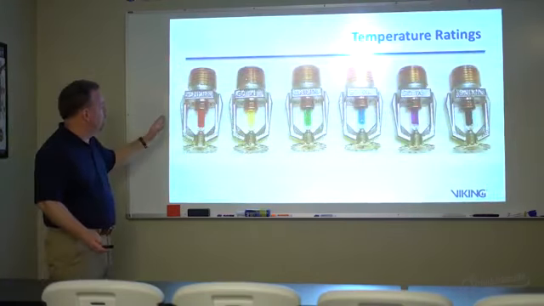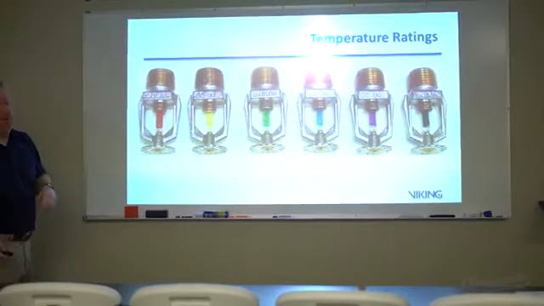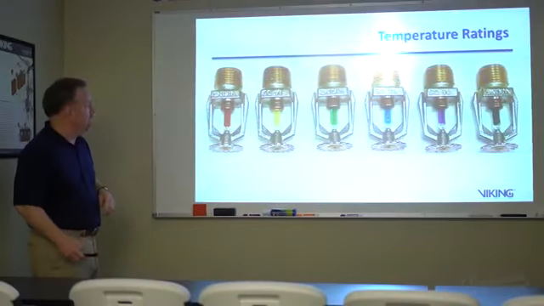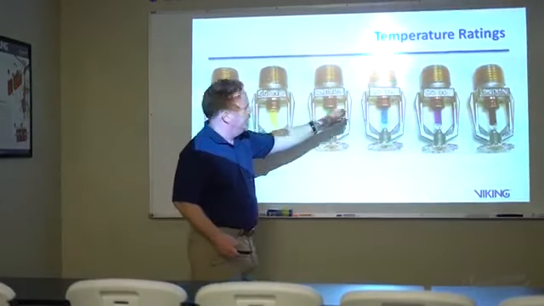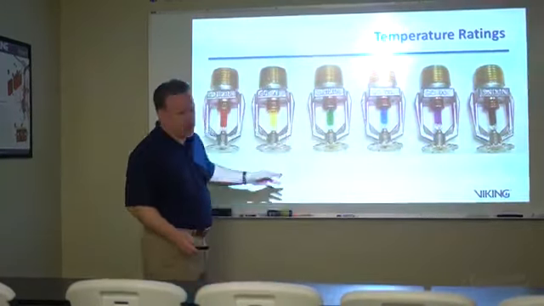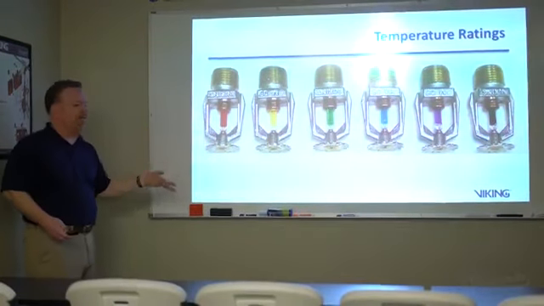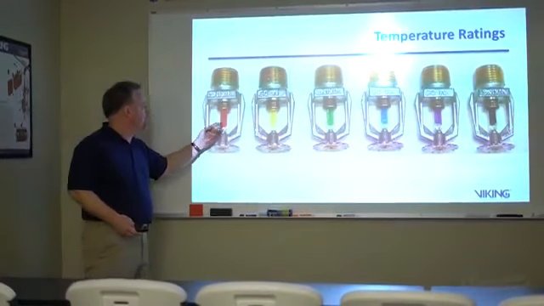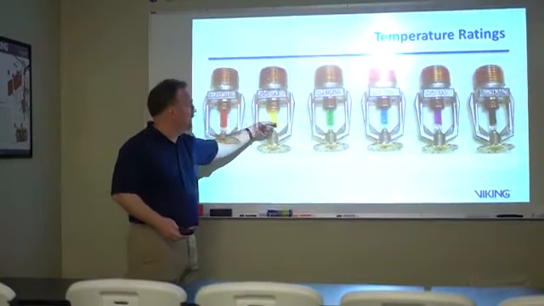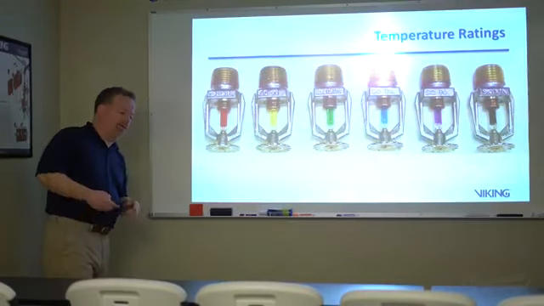All right, so what we have here is the kind of Easter egg colors that we have on our fusible links, and these glass bulbs are indicating the temperature rating. The fluid in there basically expands. It reacts to the temperature at a certain rate, and it will begin to expand and break the bulb and operate the sprinkler.